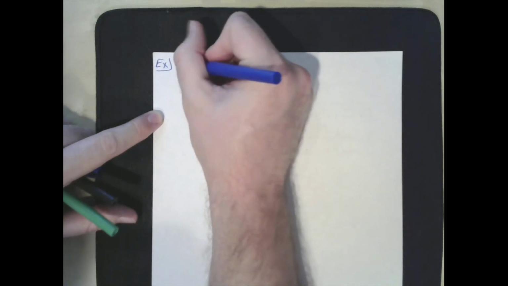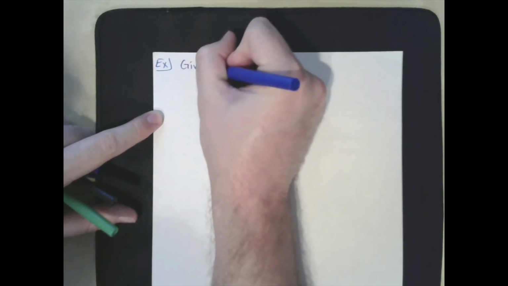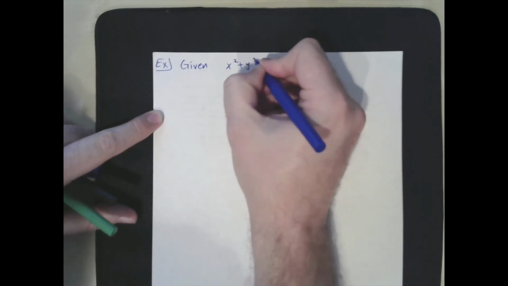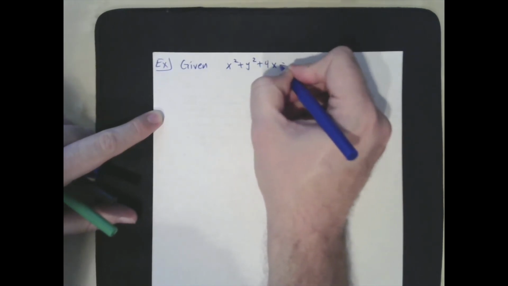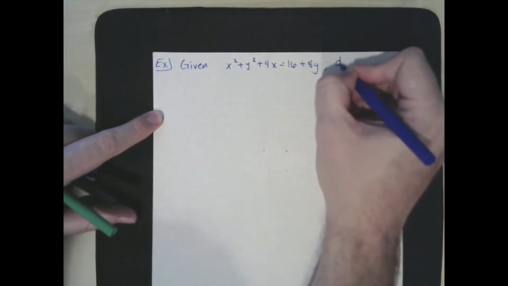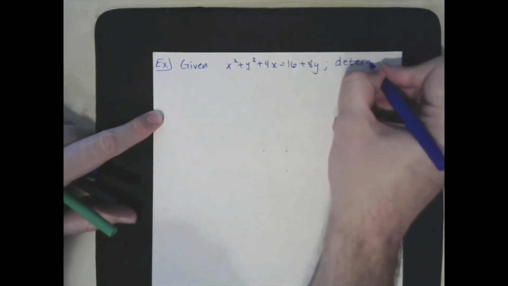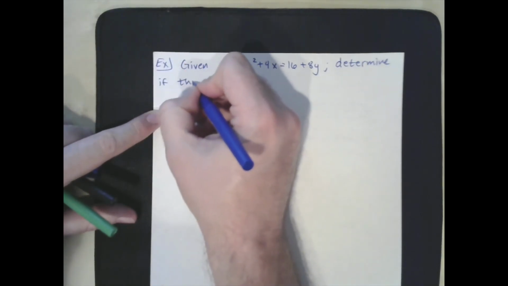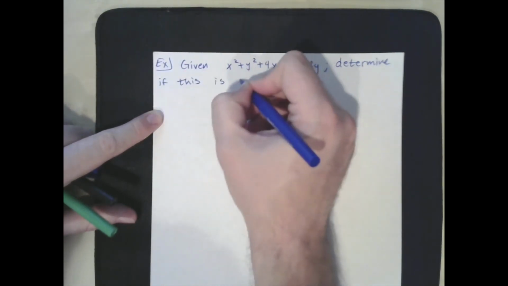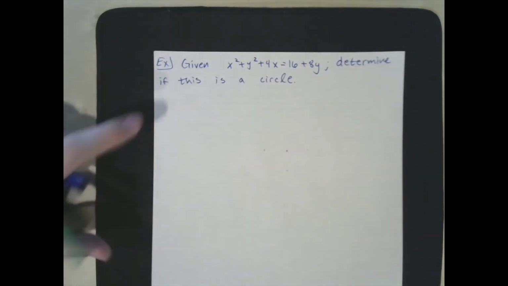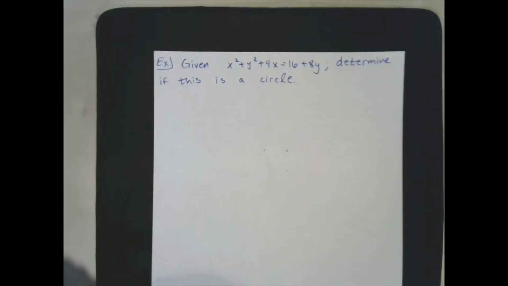So let's say, given x squared plus y squared plus 4x equals 16 plus 8y, determine if this is a circle. Well, we only have one way to do that, and that's to complete the square.